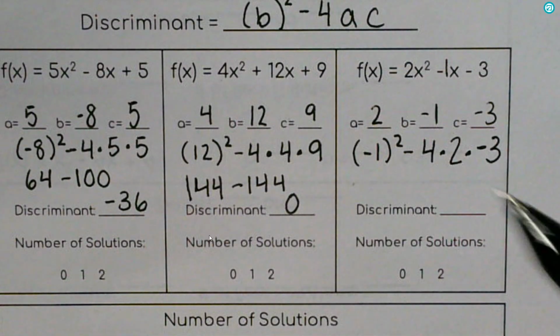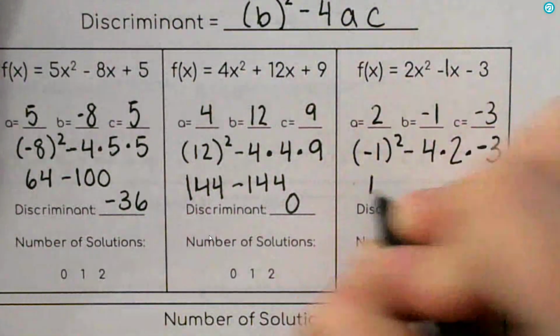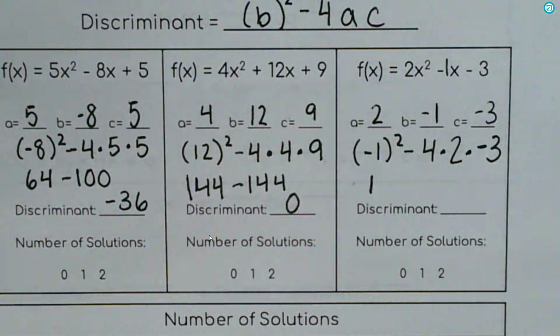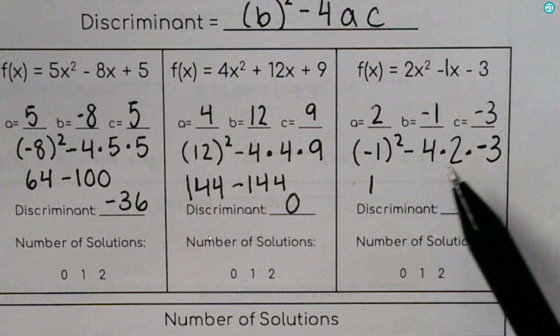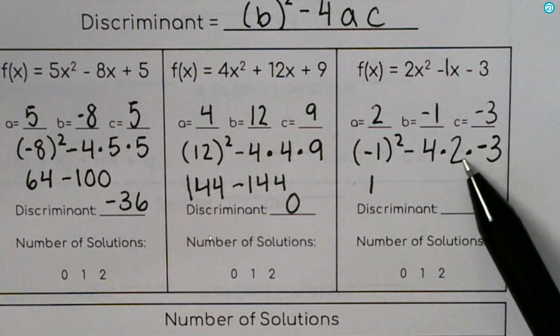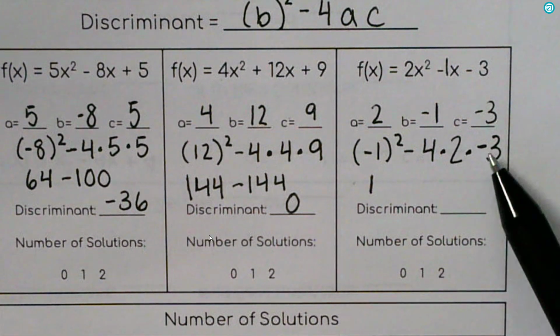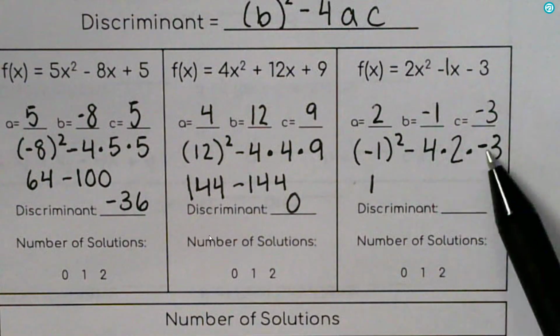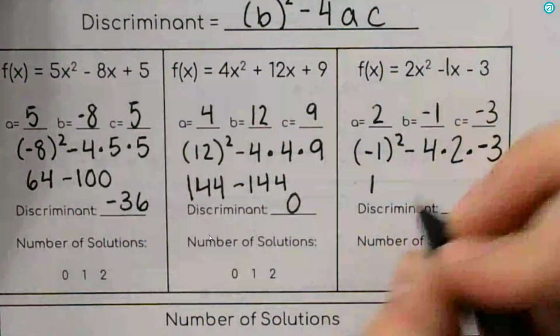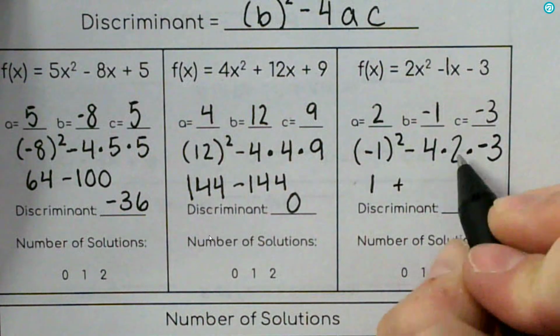I've got negative 1 squared here, which means negative 1 times negative 1. Negative times negative is positive, so I've got positive 1. And then this part I think I can do in my head. Negative 4 times 2 is negative 8, times the negative 3. Even though this is minus, we're treating it as a negative right now, because this negative times this negative is going to end up being positive. So 4 times 2 is 8, 8 times 3 is 24.